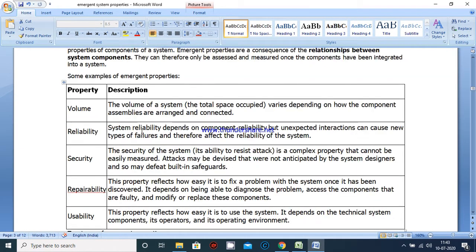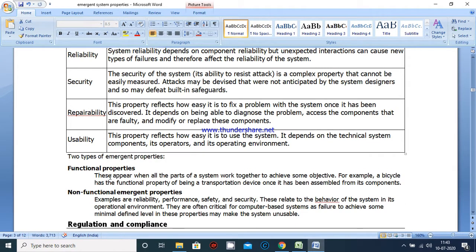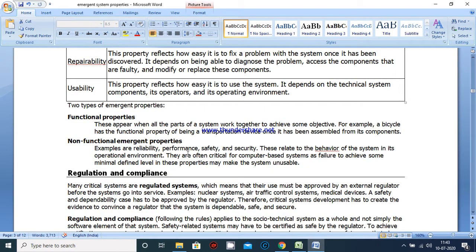And these are the properties of emergent software like volume, reliability, security, repairability, usability, and the functional and non-functional properties of emergent software. And what are the rules and regulations we should follow for maintaining emergent properties while developing a software product.